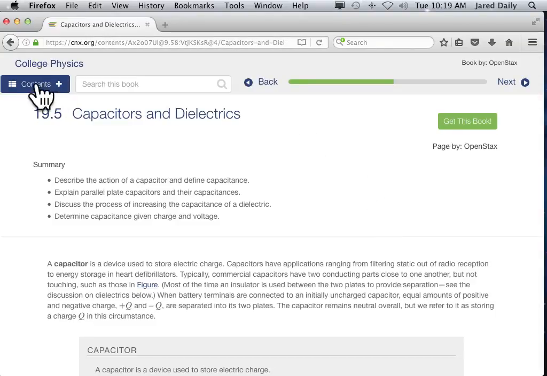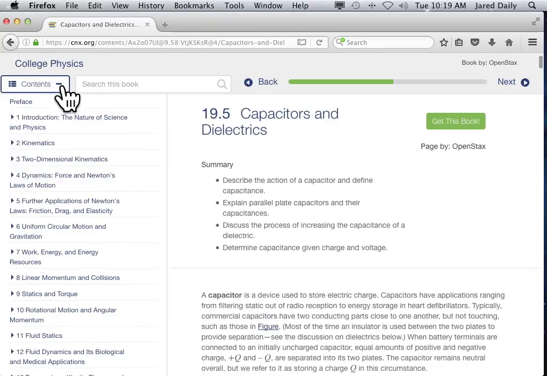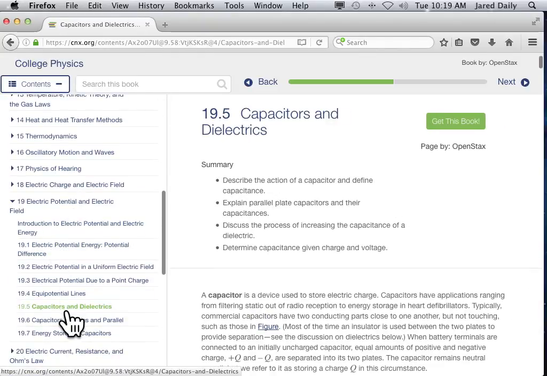Let's see, how many sections do we have here? Capacitors, energy stored in capacitors. I think I actually want to save these last 3 for next time because it's all about capacitors.